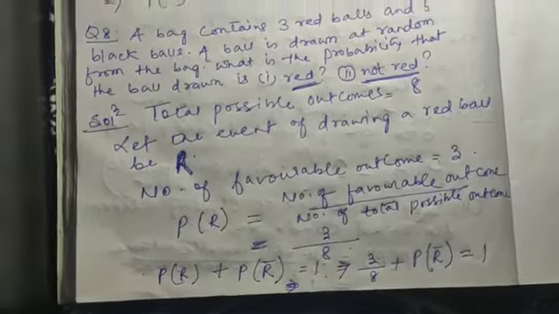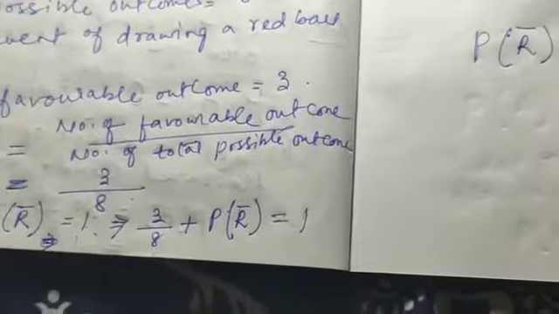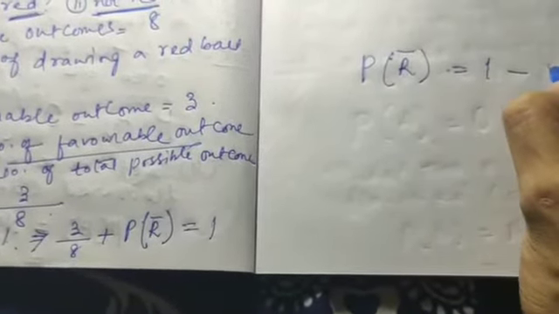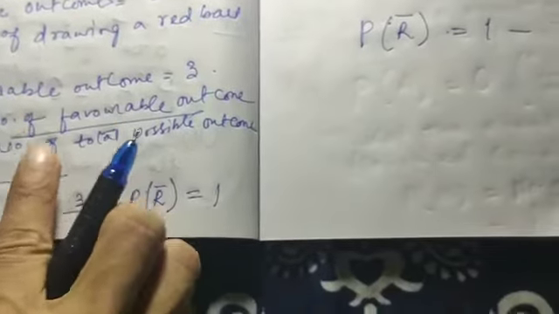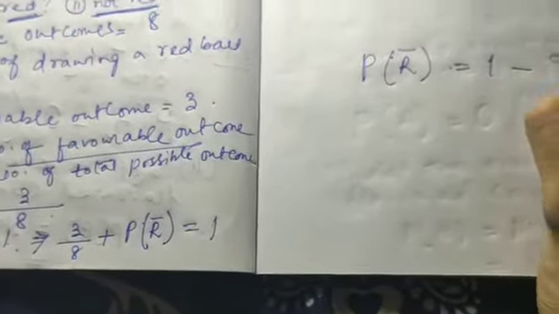Now let's find out the probability of not drawing a red ball. It is equal to 1 minus this 3 by 8, it will go this side and become minus 3 by 8.